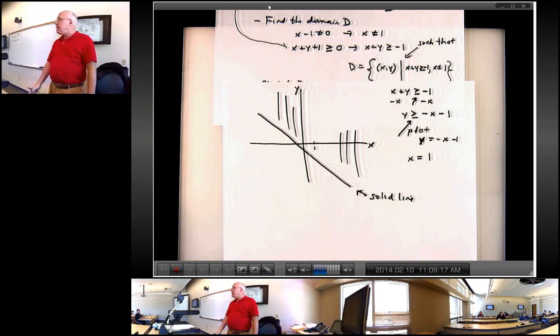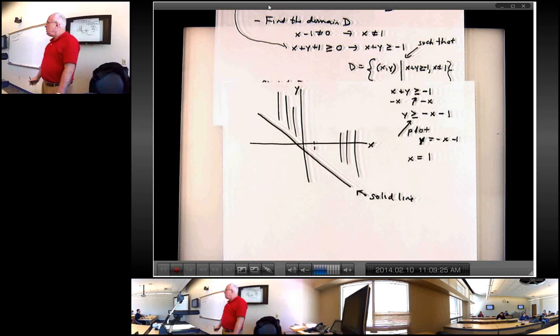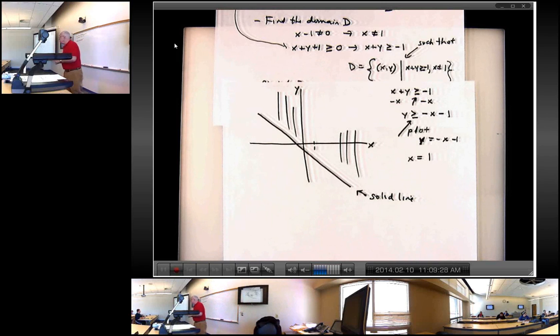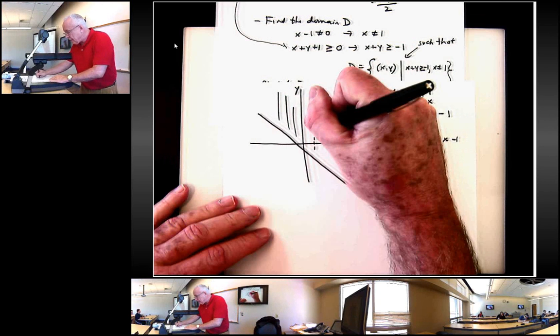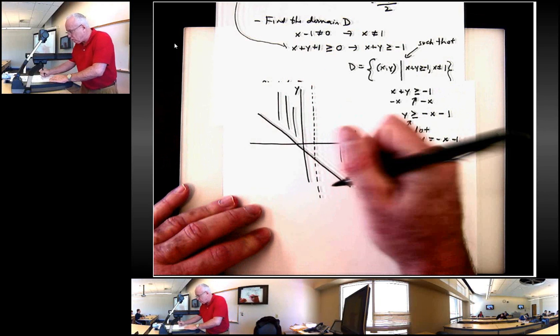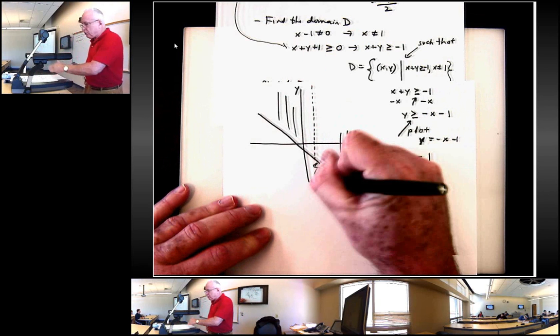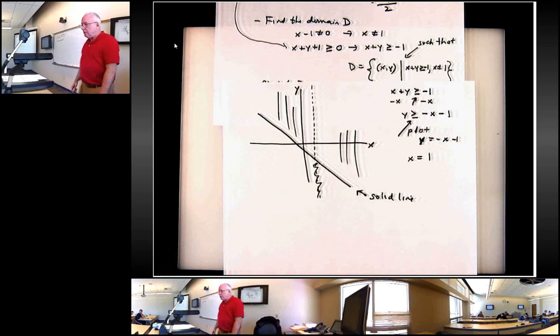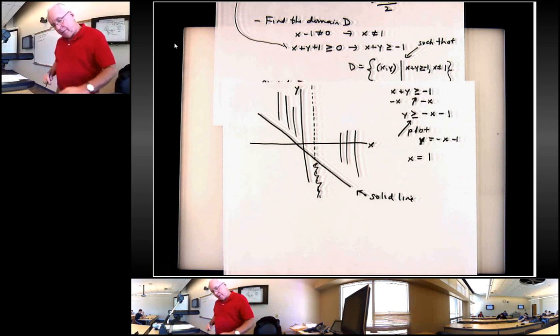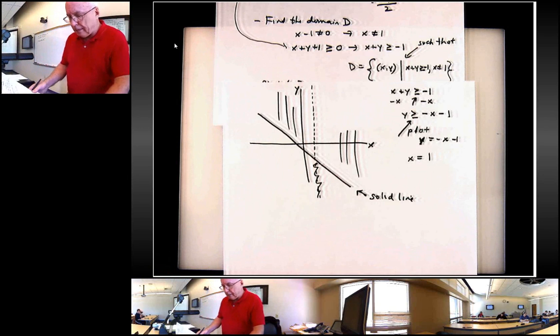So x can't equal 1 is a whole big vertical line, actually. So we put a dotted line? Yeah, let's put a dotted line to indicate that we're excluding that part. We're just talking about the upward part of it. So that's one way you can show that we can't have that part of the xy plane.